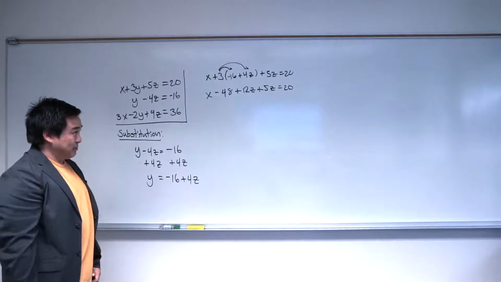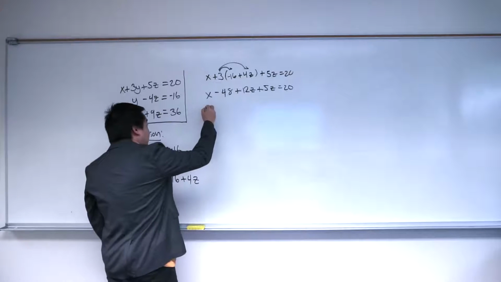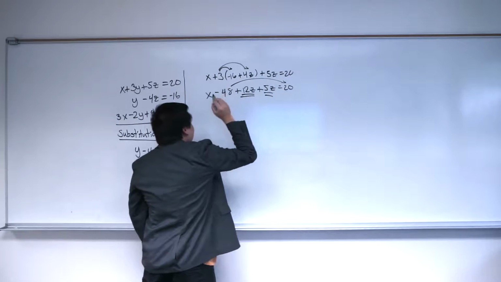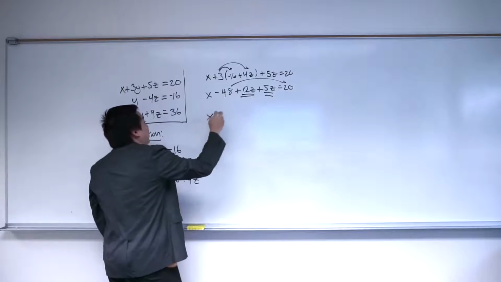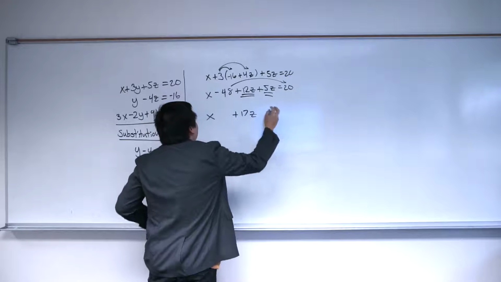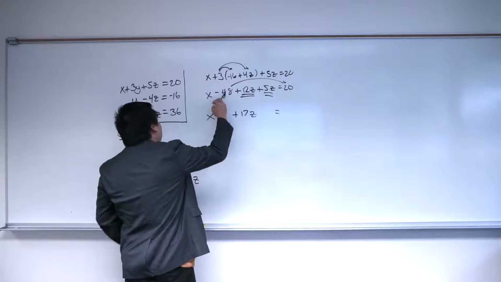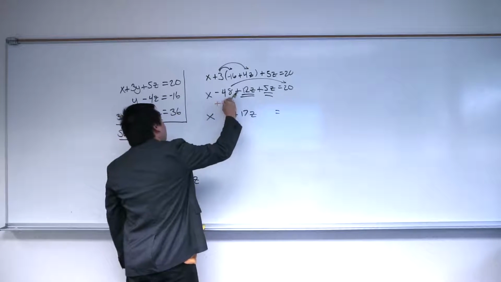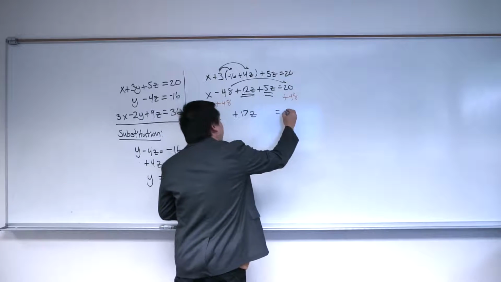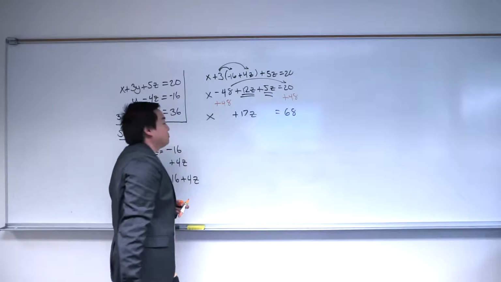And then let's simplify by writing out these two terms together and bringing that one over to the right-hand side. So x plus 17z, and then if I add the 48, we can see that the right-hand side becomes 68.